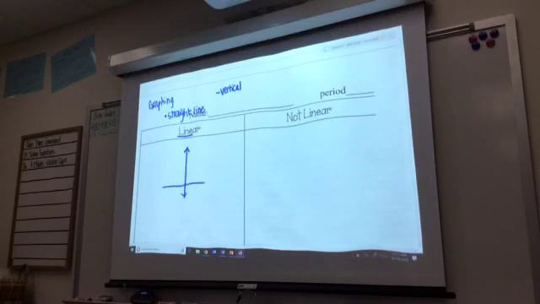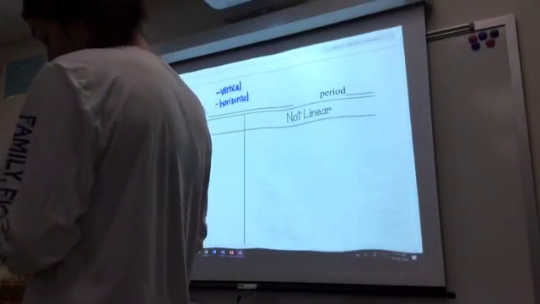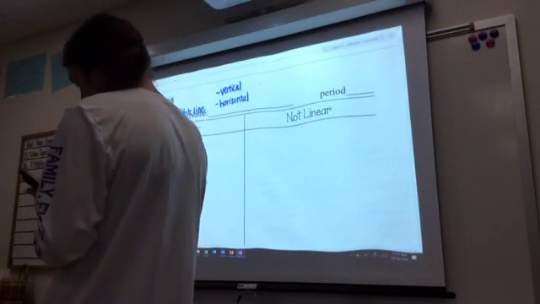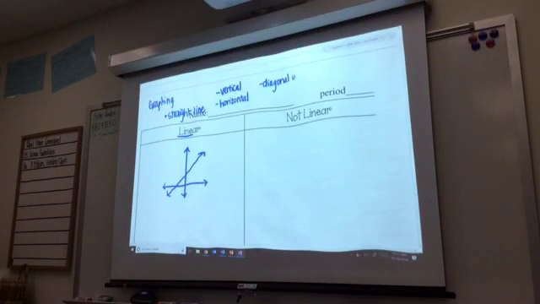Horizontal. Any more straight lines? Diagonal. Diagonal, which way? Both. Okay, so I could have one that goes up, or one that goes down.